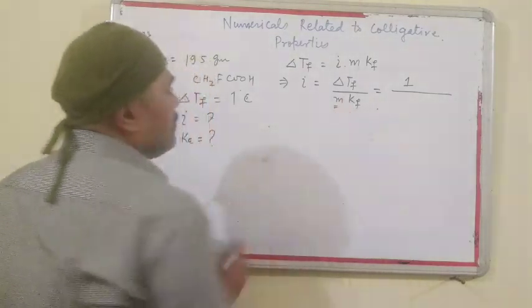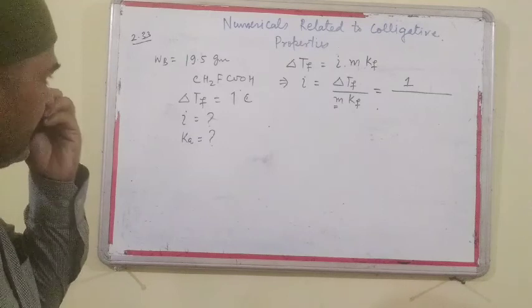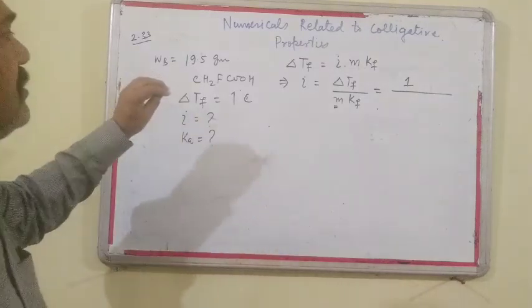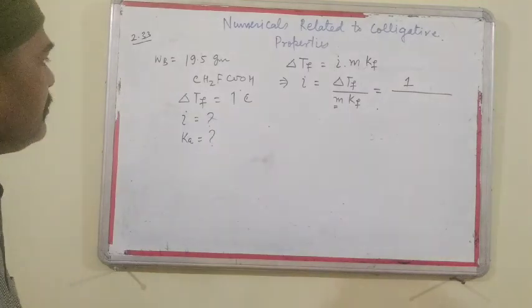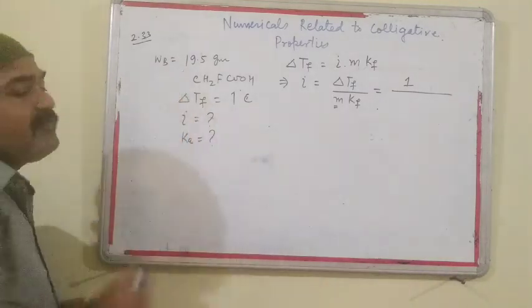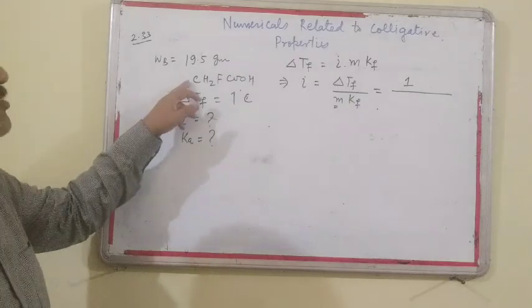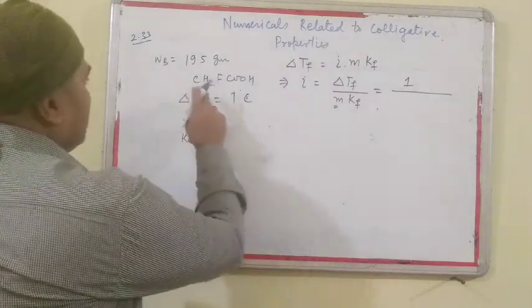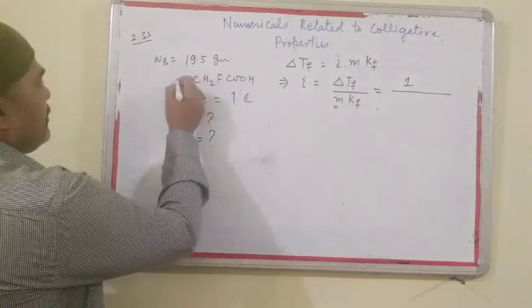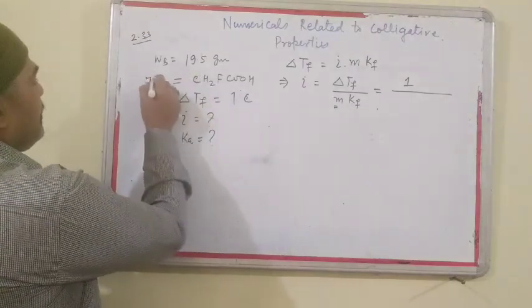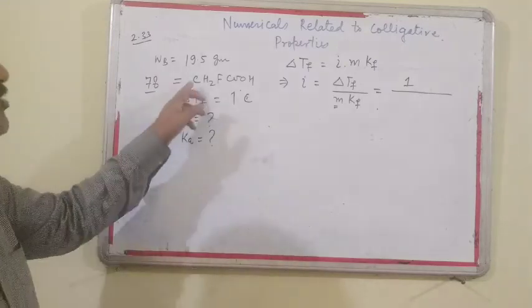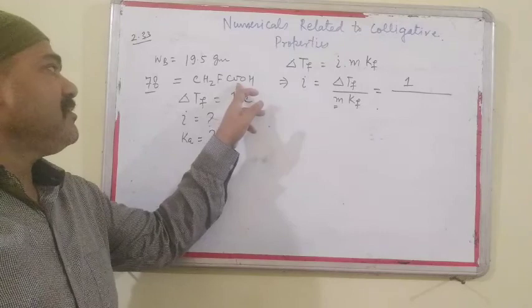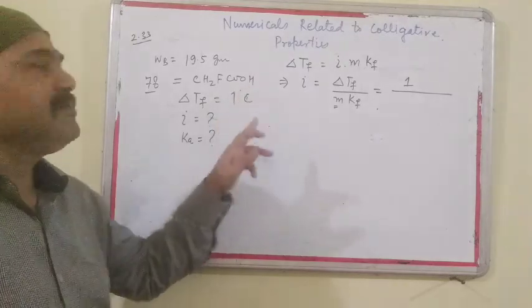To find the molality, first of all, we should know the number of moles of the solid. And to find the number of moles of solid, we should know the molar mass of the solid. Here the molar mass of this fluoroacetic acid is 12 plus 2 plus 19 plus 12 plus 16 plus 16 plus 1.